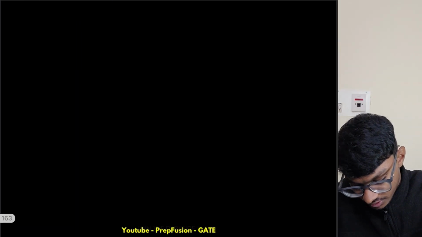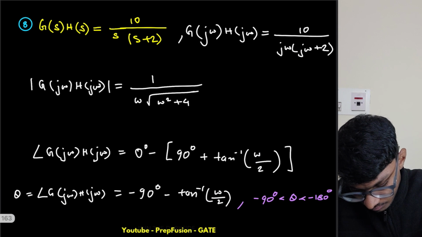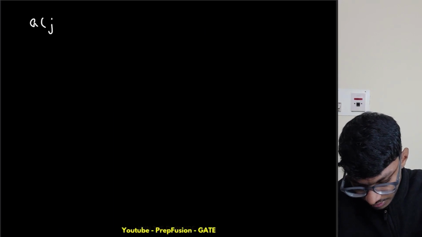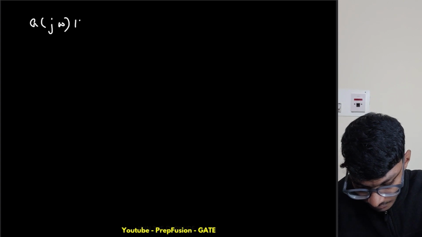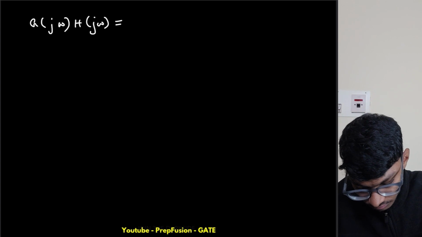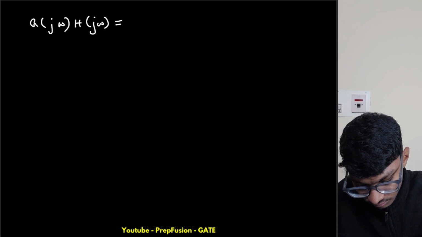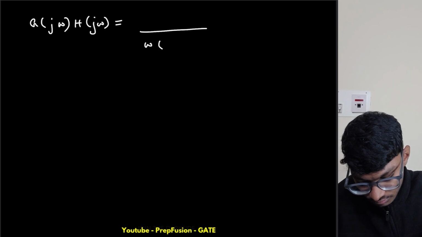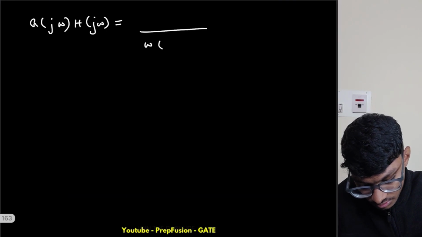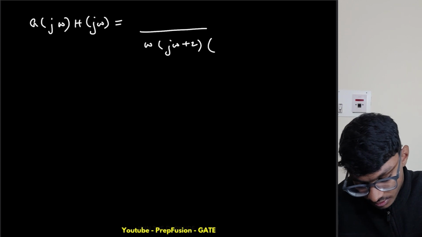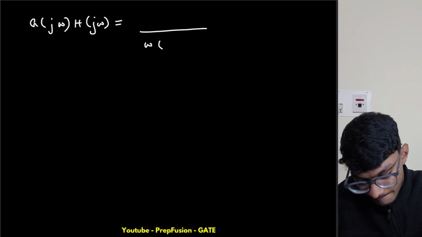So my G of j omega is 10 over j omega into 2 plus j omega.